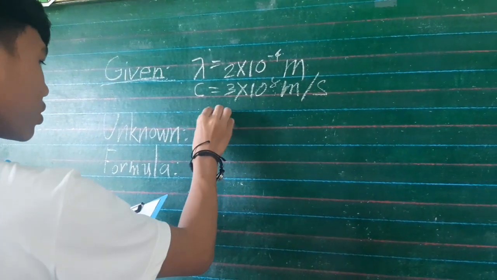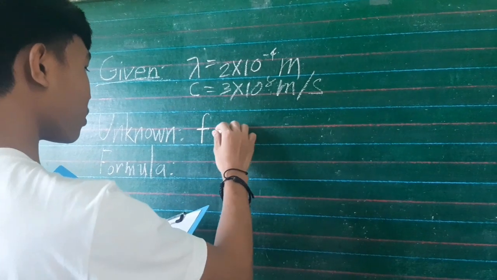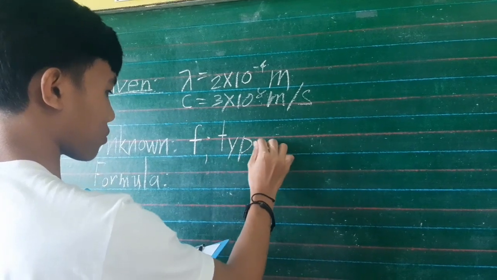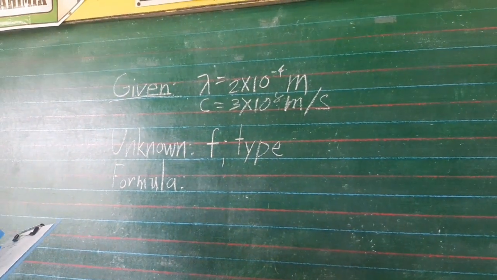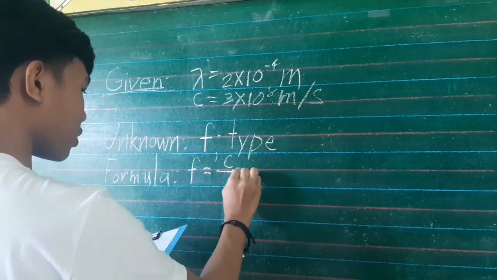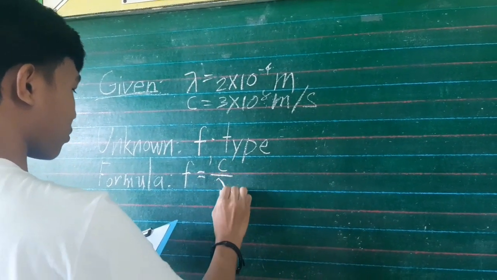The unknowns will be the frequency and its type. The formula we will be using will be F equals C over wavelength.